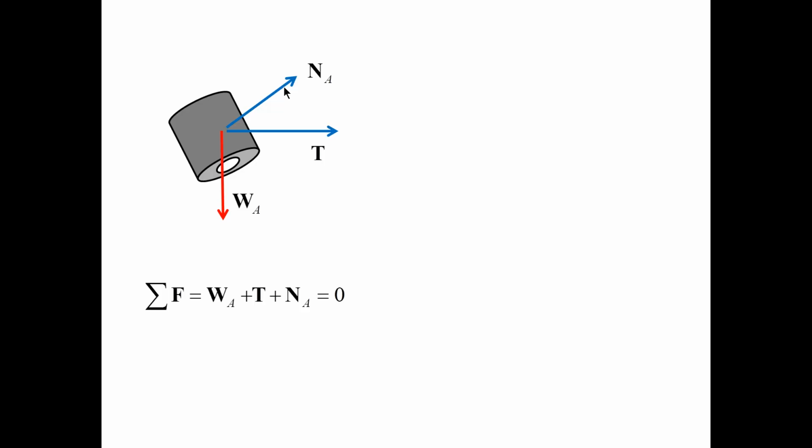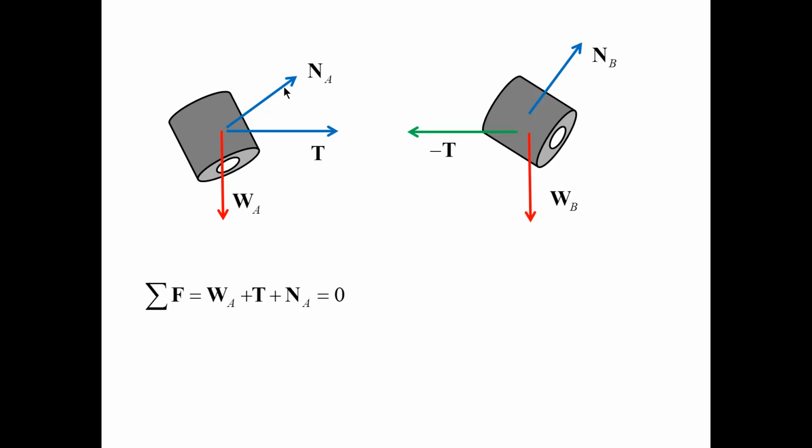And now we can do pretty much the same thing for the right glider. I want to draw your attention to the fact that here the vector is T and here the vector is minus T. And of course, both represent the tension in the cable, and these two are related by Newton's third law.